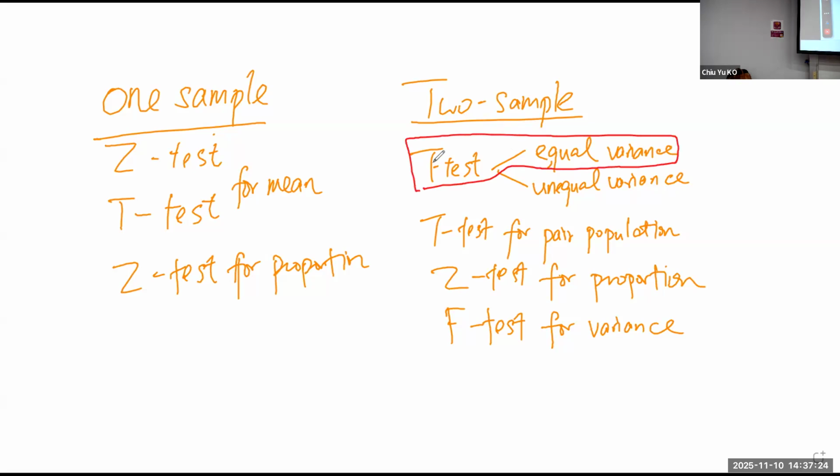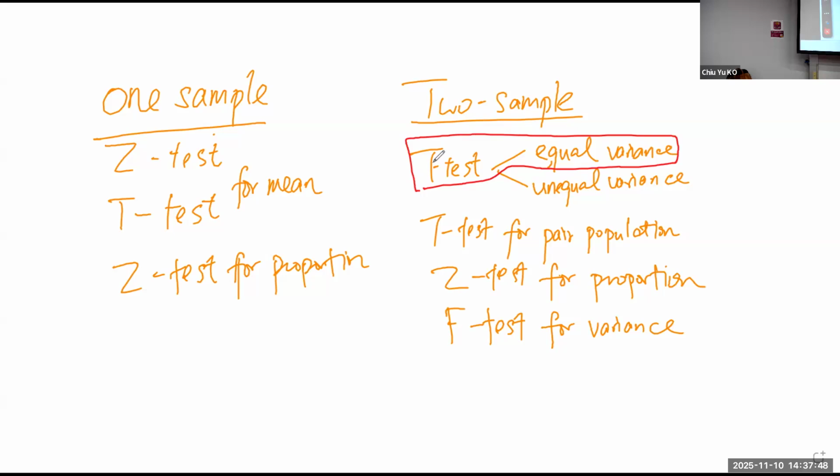What happens if you're not considering just two populations? You consider, for example, you are an owner of many stores, maybe a store in Hong Kong, a store in Kowloon, and a store in New Territories. You want to see whether the mean of these three areas is the same or different.